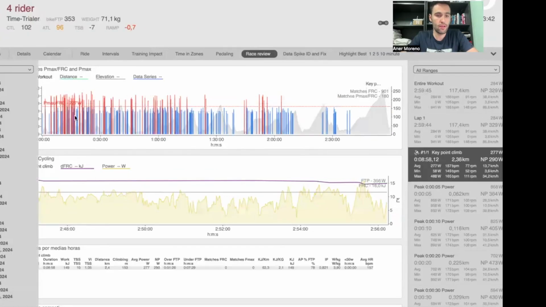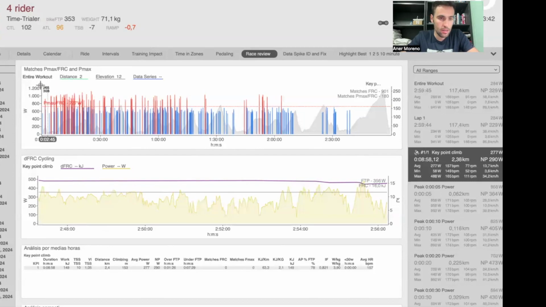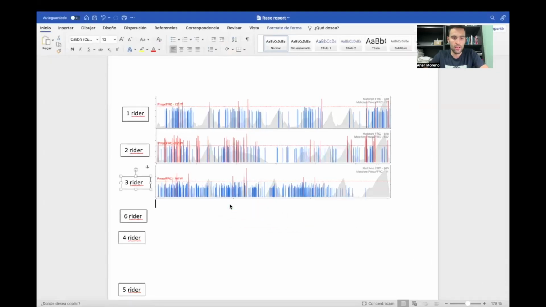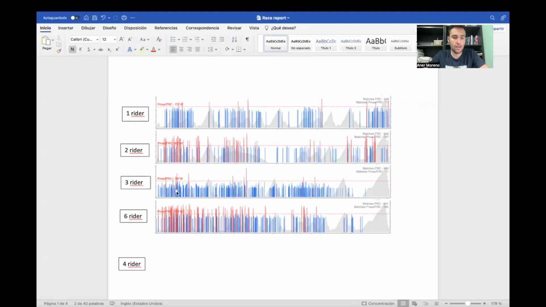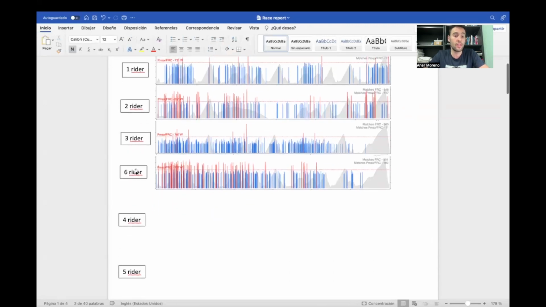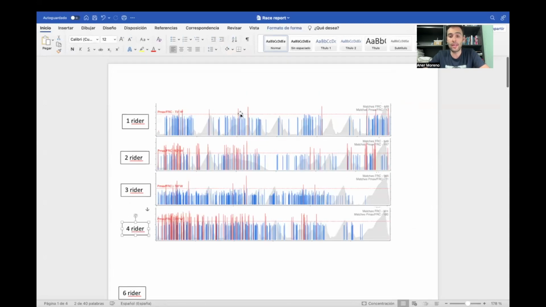The fourth rider, look at this. He was looking for the breakaway. Look how many red points there are here. Look at the difference between this one and this one, who was the leader of the team. It is significantly different, so we can draw conclusions here. This second rider was going to help the first one.